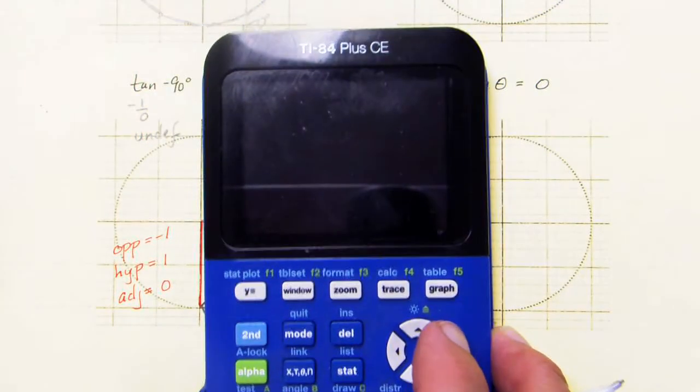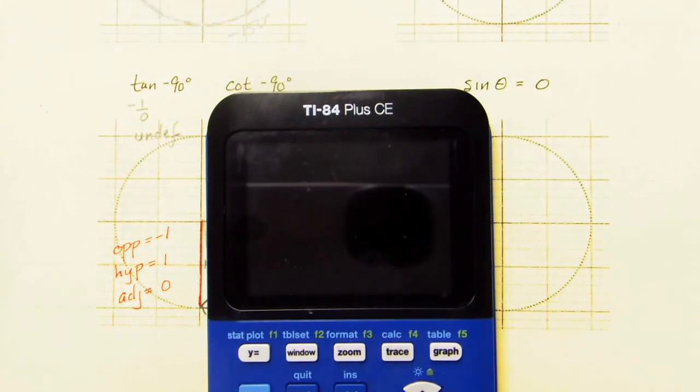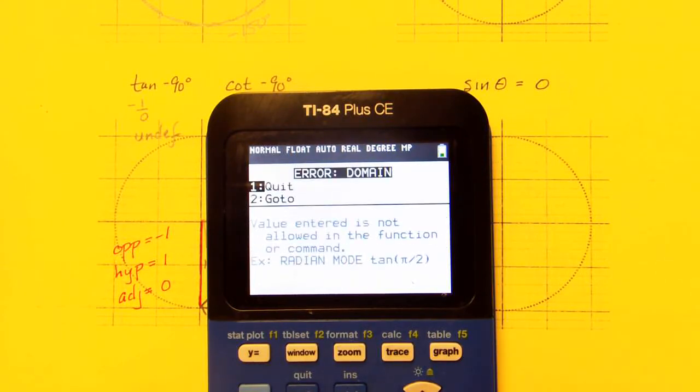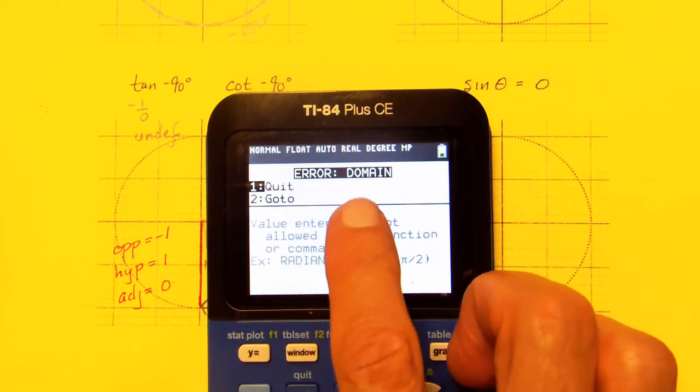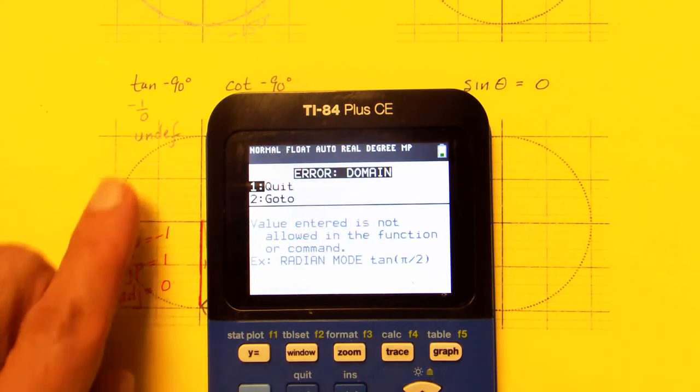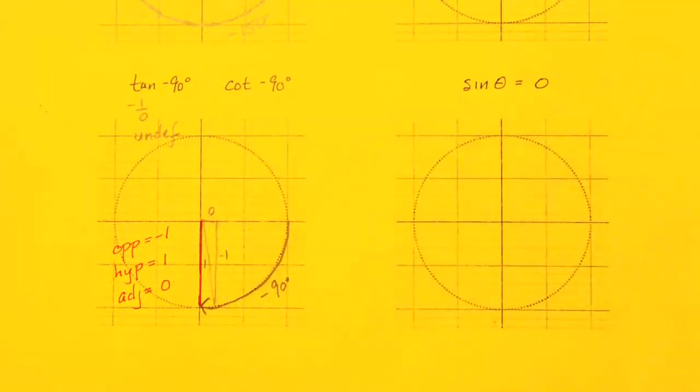Let's see if the calculator agrees. So I'm going to go tangent of negative 90. And yeah, it's an error. So there's an error in the domain. In other words, when I plug in negative 90, I don't get a well-defined answer. So this undefined kind of makes sense.